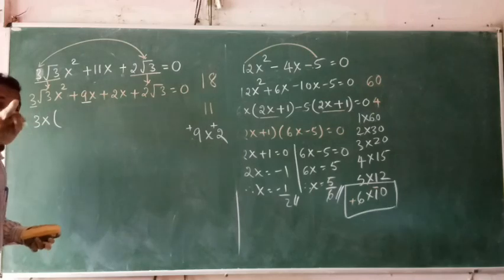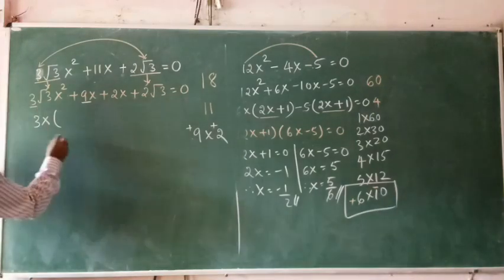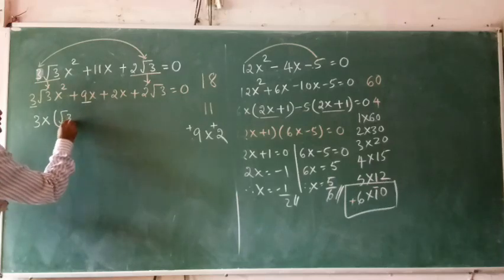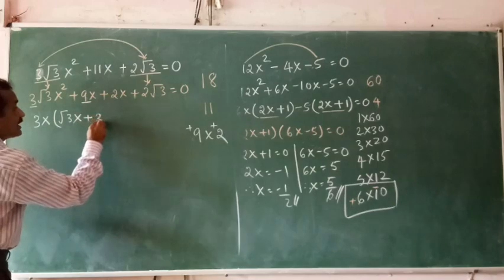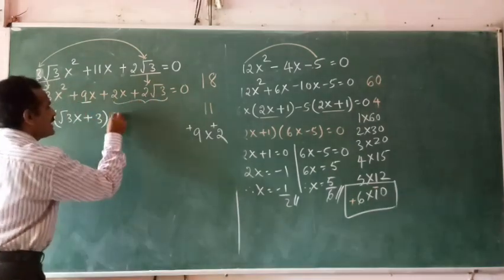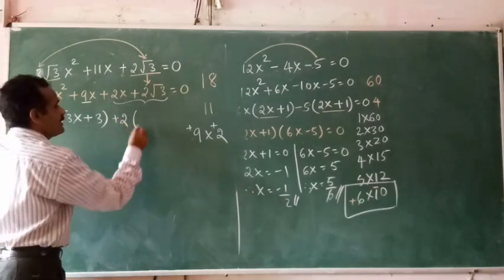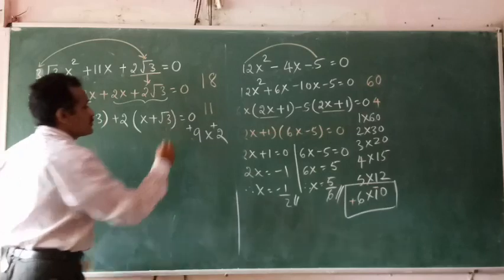Just I am telling you your mistakes, what usually you do. Then I will go for the correct one. See, I will take 3x as a common. Root 3x plus 3 3s are 9. This will be inside. And when you go here, you will take 2 as a common. What is left inside? x plus root 3 is equal to 0.